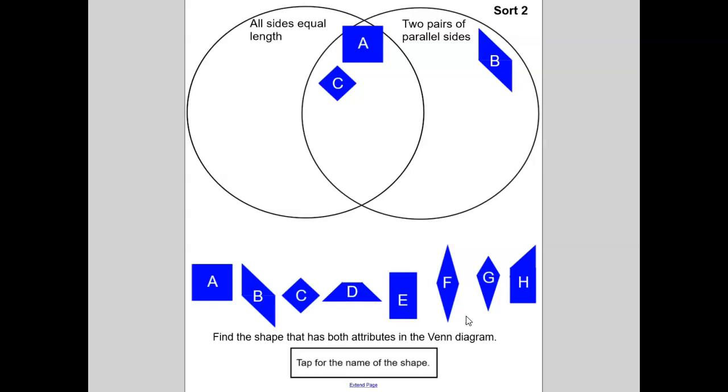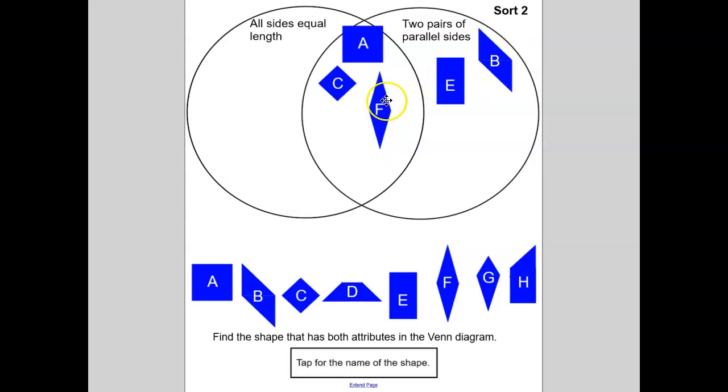You're exactly right. E does have two pairs of parallel sides, but it doesn't have all sides equal length. So I know it would be on this side of the Venn diagram because it only has two pairs of parallel sides. Where would F go? Exactly. F would actually go right in the middle because F does have all sides equal length.